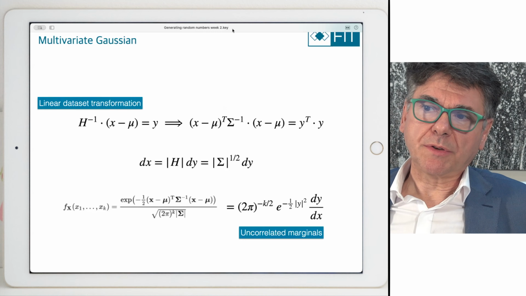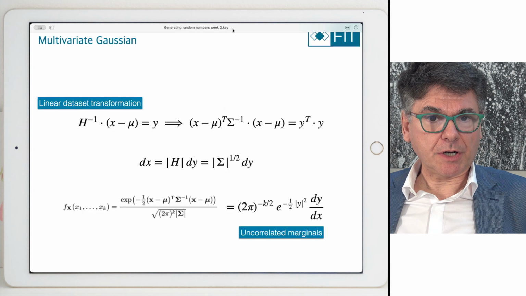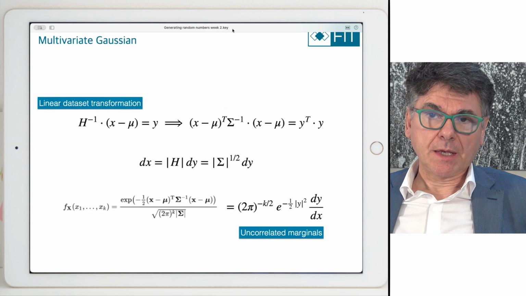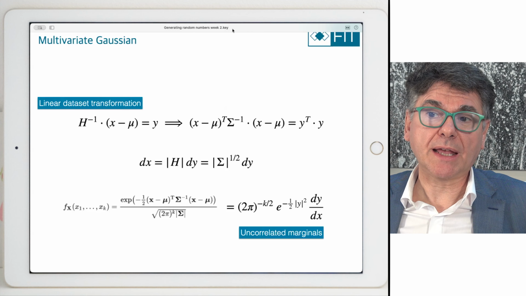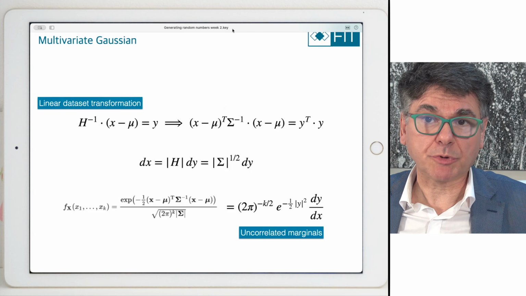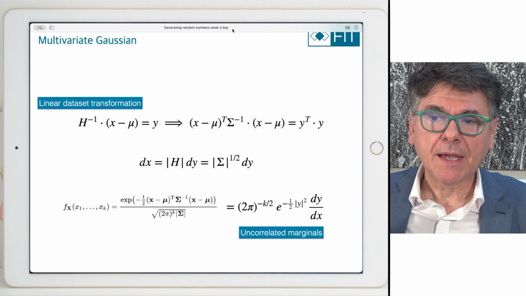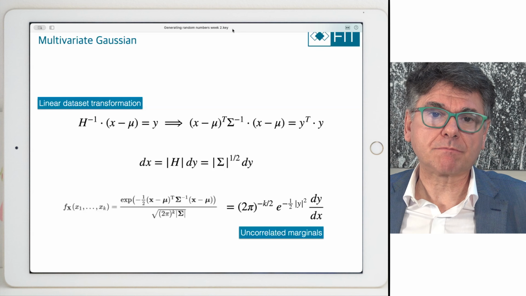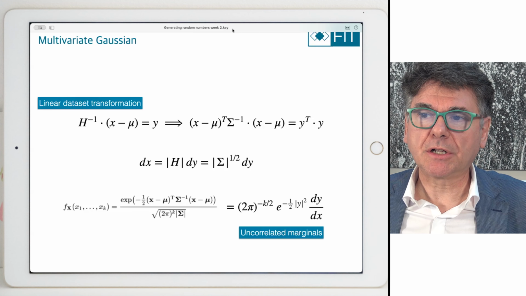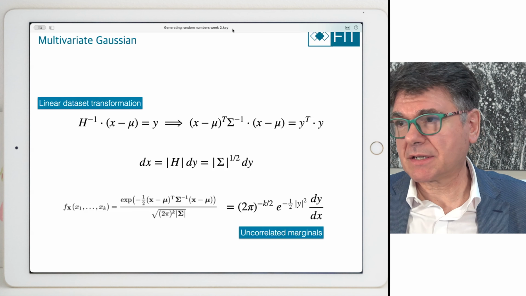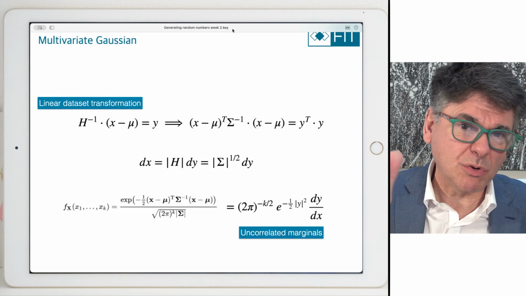So this signifies that I can do the sampling of multivariate Gaussians through a very simple change of variables. If I start with my original multivariate Gaussian variable x, and I subtract mu, because subtracting mu is always easy, and I multiply that by the inverse Cholesky matrix, then the result y is distributed as I show you here. I don't really want to go through all of this calculation.